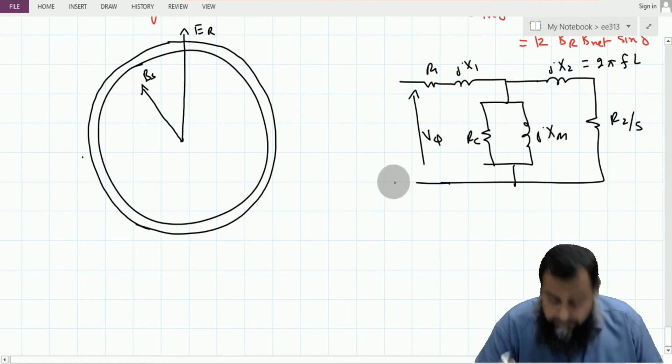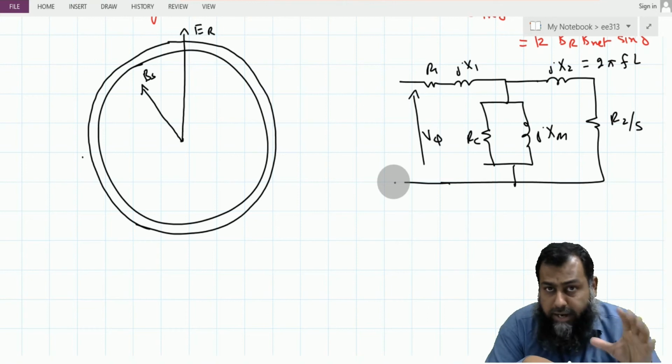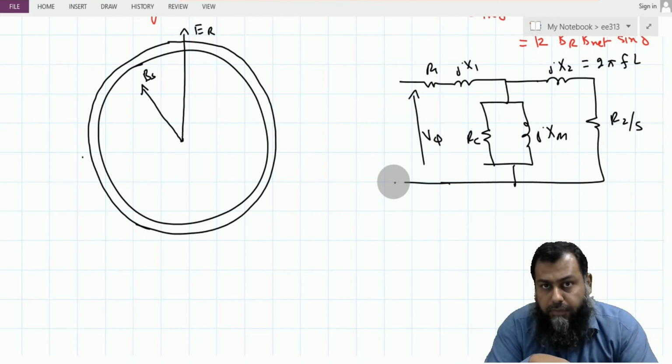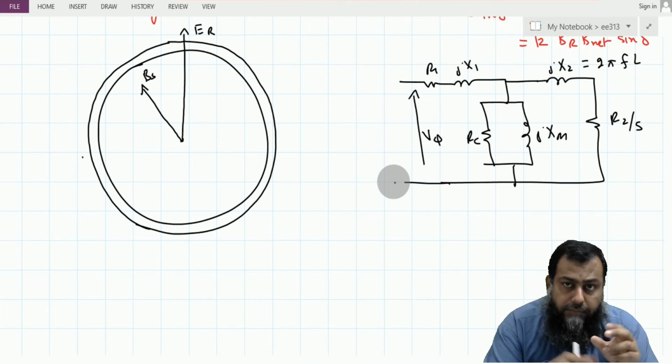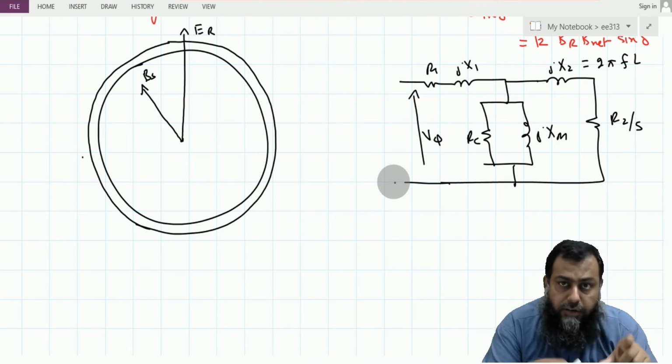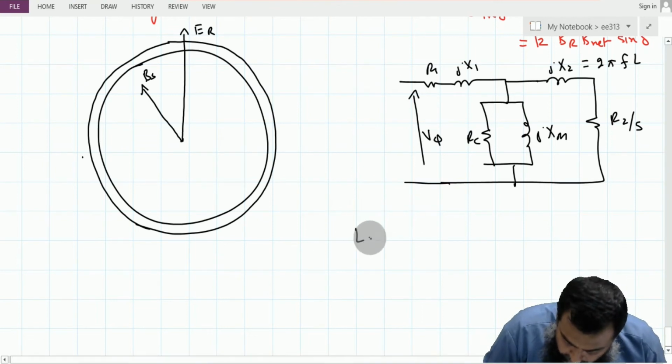Now suppose the motor is loaded with some mechanical load on the shaft. As we apply the load on the shaft, what will happen? It will decelerate, or slow down, the rotor speed.